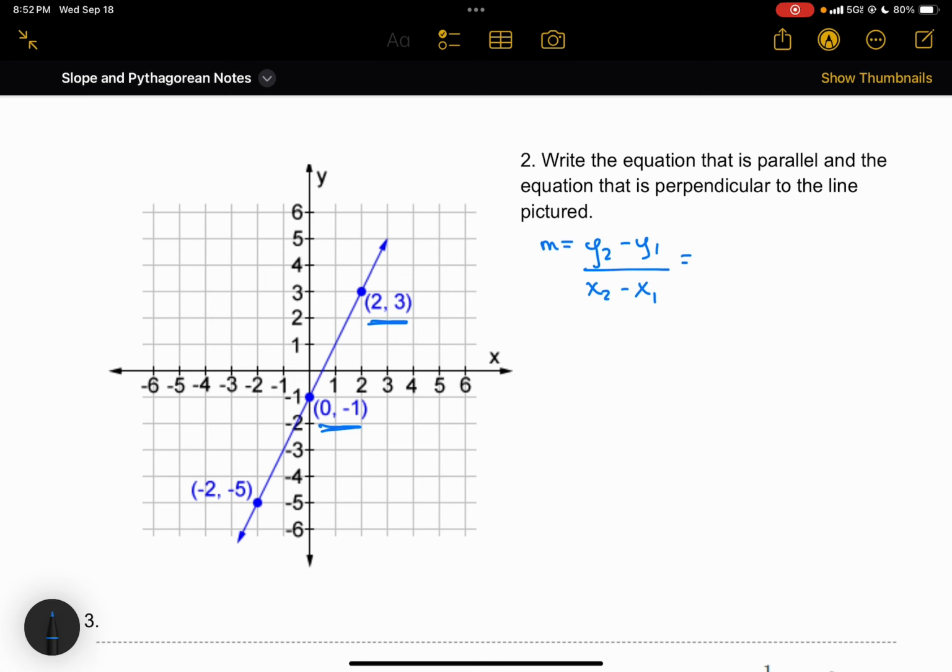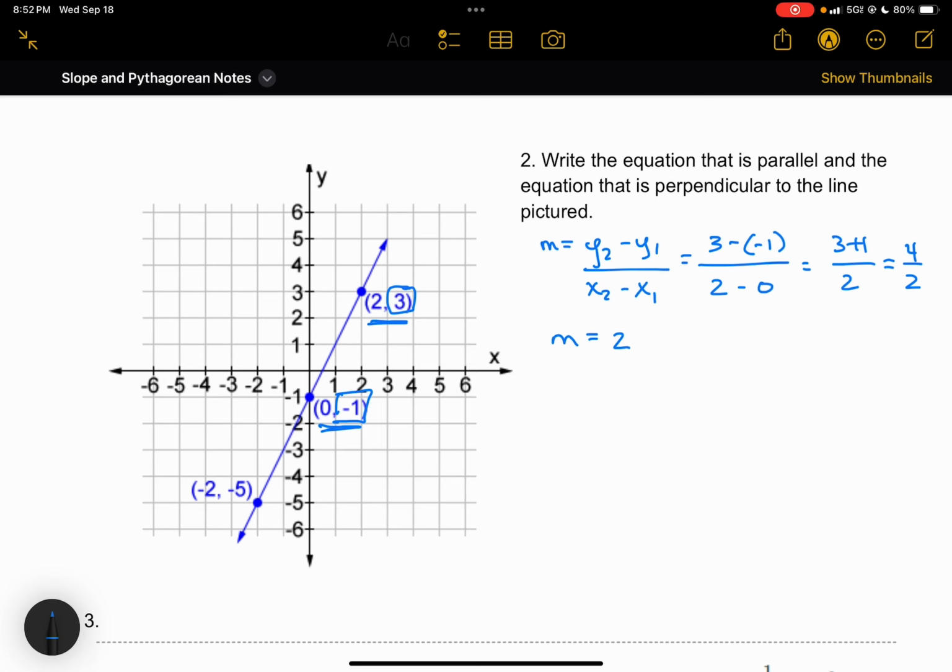So this becomes 3, which is this 3 right here, minus a negative 1. So I've taken that negative 1 that's right there. 2 minus 0. So I have 3 plus 1 over 2, which is 4 over 2. So my m is 2.